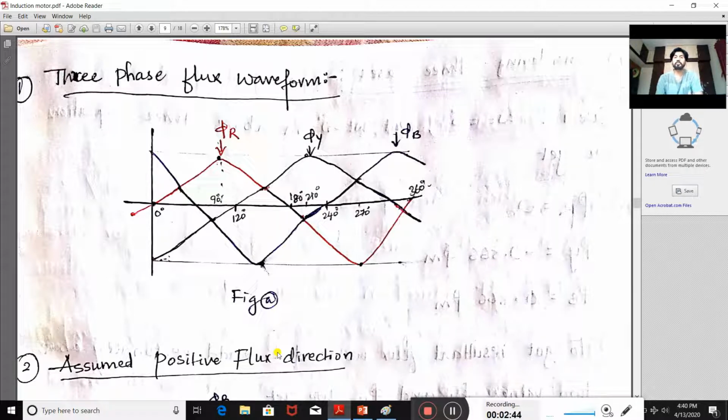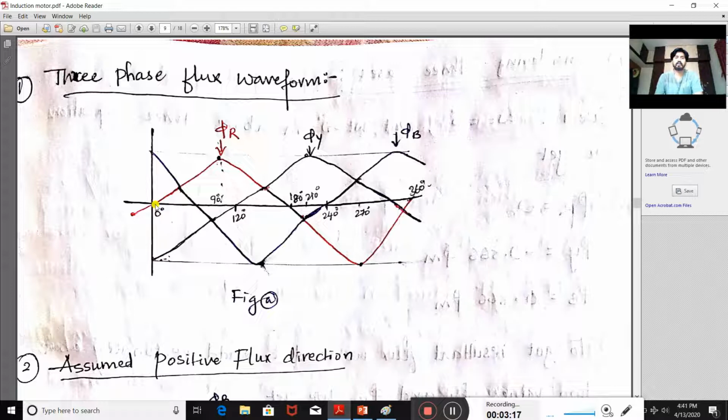Three individual fluxes will get induced in three different windings, and these three different windings will be placed in the stator slots and connected in such a way that there exists a fixed phase relationship between these three windings, exactly 120 degree. Hence whatever flux is induced, there also a fixed phase relationship exists, that is 120 degree between all the fluxes. Now that same thing I have shown in this diagram.